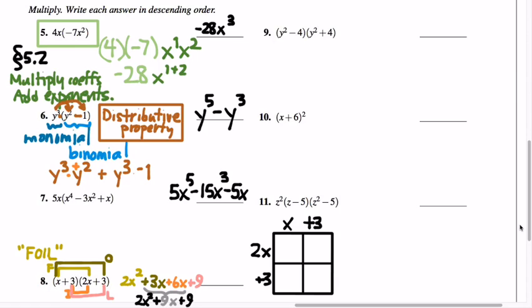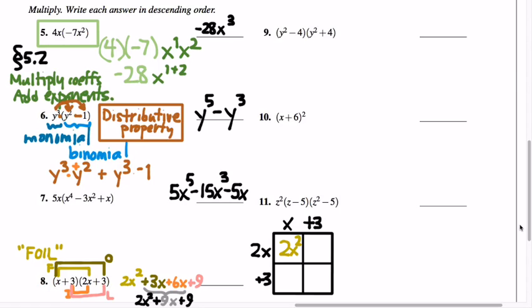And then each of the cells in this grid I'm going to fill in with the product of whatever is on its row and its column. So in the top left square, I'll fill in 2x times x, which was 2x squared, the product of the firsts from over here.